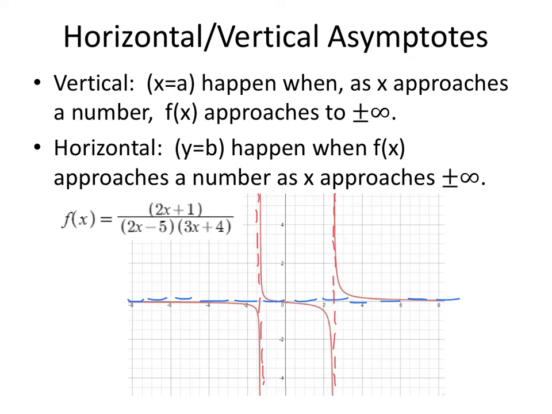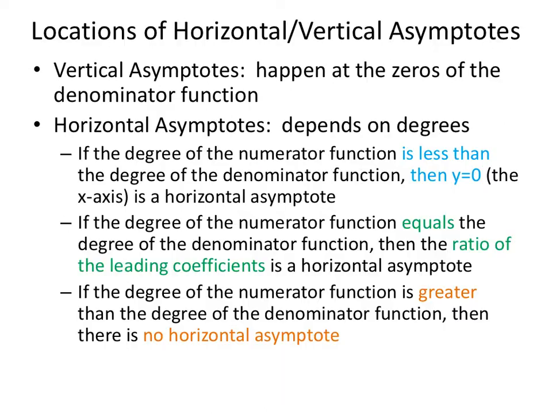Okay? So this has nothing to do with the domain of the function. It has to do with numbers that the range approaches. So vertical asymptotes happen at the zeros of the denominator function. Okay? And we talked about that in the last slide.